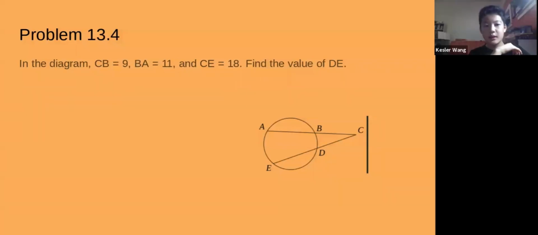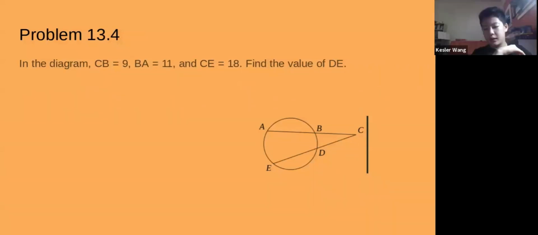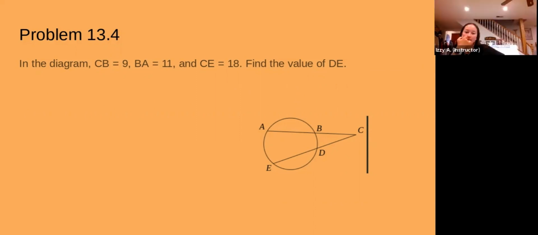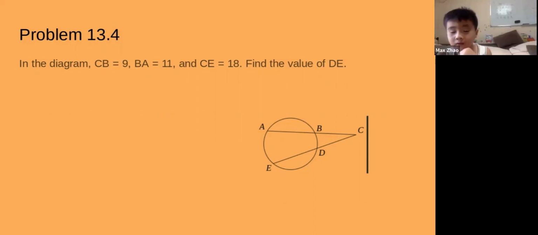I just wanted to say that I remember in earlier notes it says that if two lines are connected by the same point, they are equal to each other. I think it means arc.